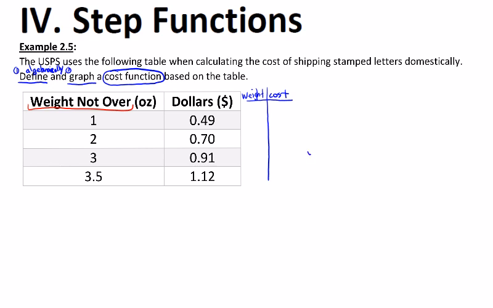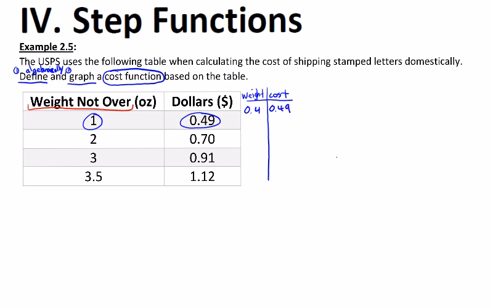Maybe something like 0.4 ounces. Now 0.4 is not bigger than 1. It's not over 1. It's less than 1. So where it says not over, we have to see that what we're dealing with is something that's not over 1. So therefore, we should be paying 49 cents to ship it. So the cost will be 49 cents.